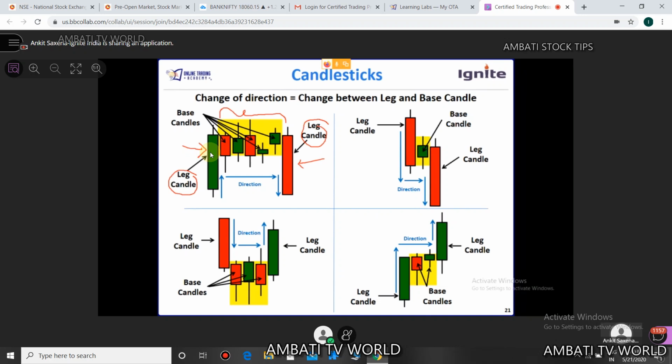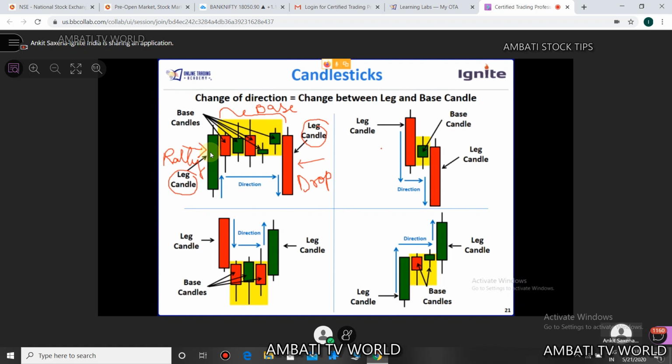So this is a green candle. Green candle also means rally, right? This is a red drop candle, so it is also called a drop. So this is rally. This is base. Accumulation happens in base candles, isn't it, guys? We have just now understood this. So this is a rally, base, and then a drop.